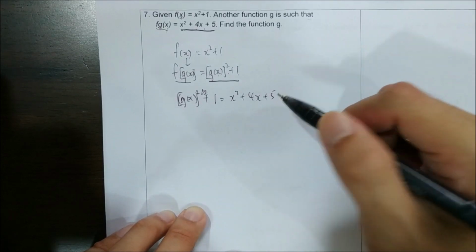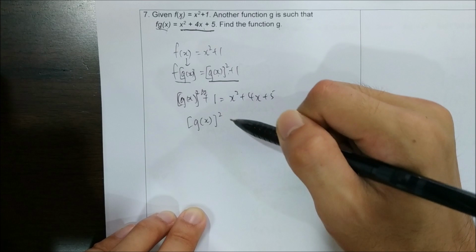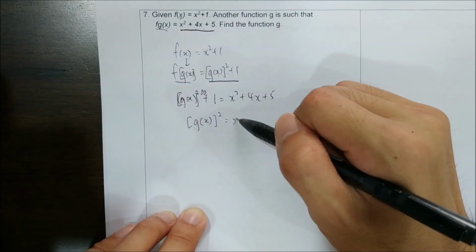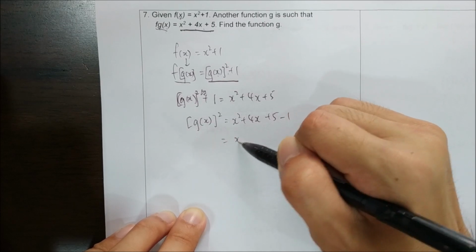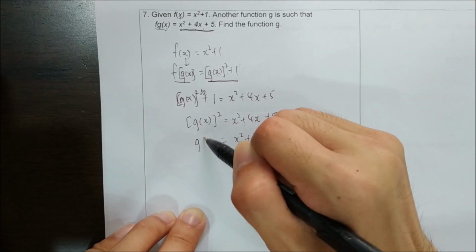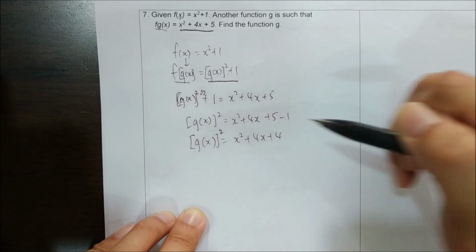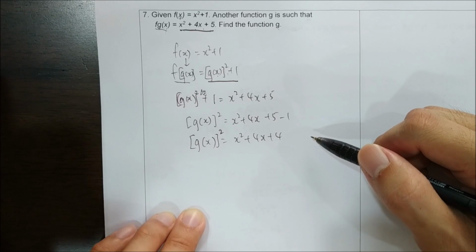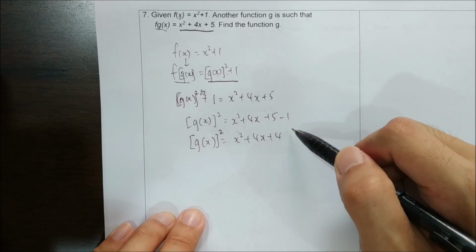So you try to move the values there. So you have g(x) squared equals to x squared + 4x + 5 - 1. You have x squared + 4x + 4, with a square here. Since the square here, we want to move it here to become a square root.